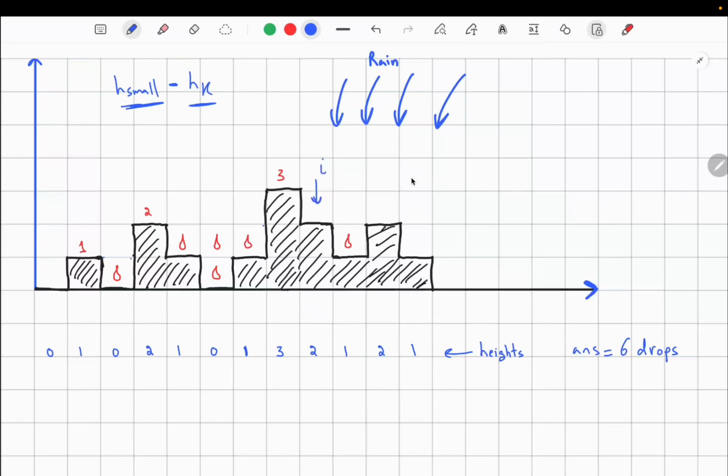So if we advance I, we can go to the right. Does this bar have a height larger than or equal to the bar at I? No. Does this bar? Yes. So we put J right here, draw the imaginary line, and between them we can calculate the amount of water that we can trap.